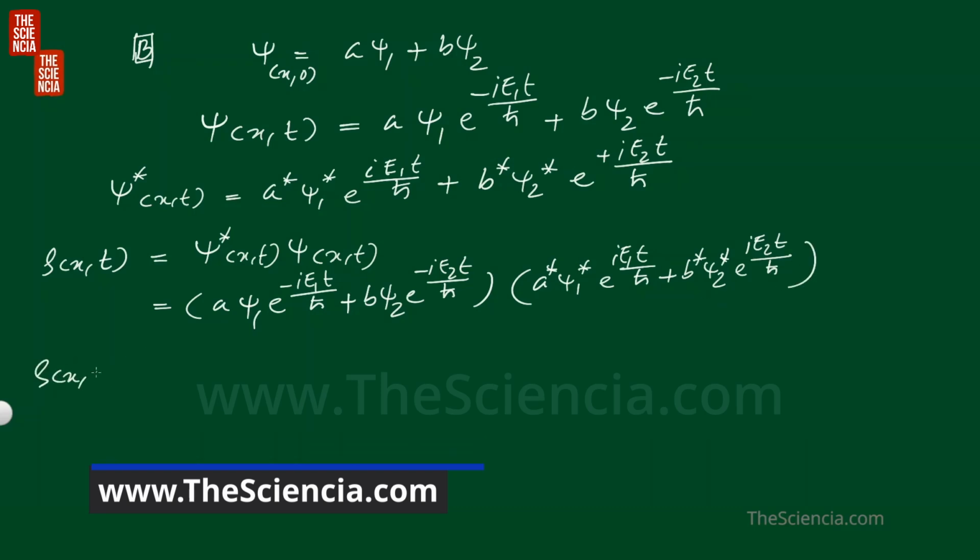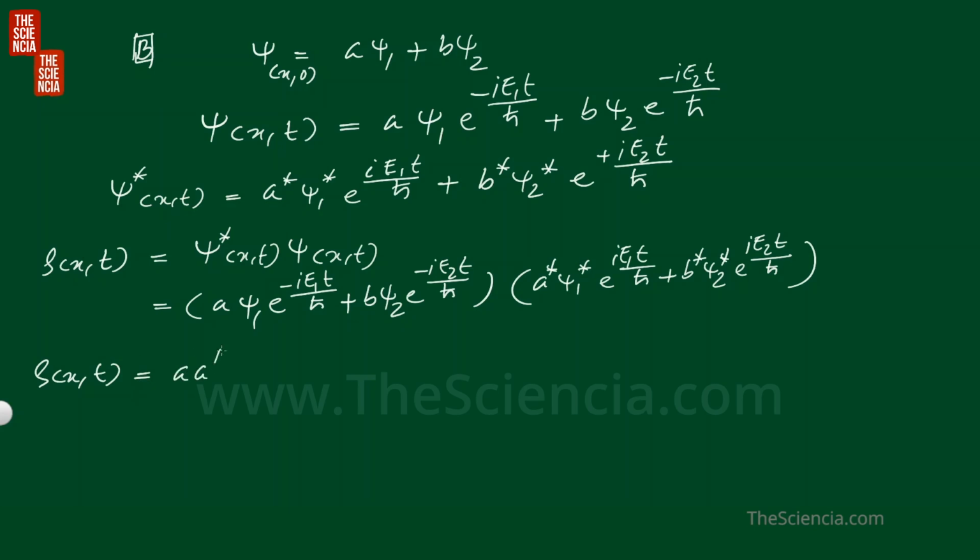So you will get rho of x t, that will be equal to A star psi 1 star into the product of e raised to this term and this term will be equal to 1, right? Plus the second term I am considering, that is B star psi 2 star. Again the product of this term and this term will be equal to 1.